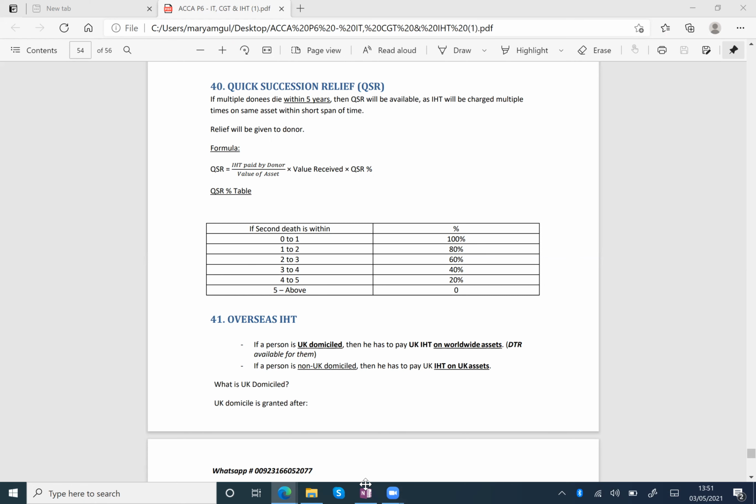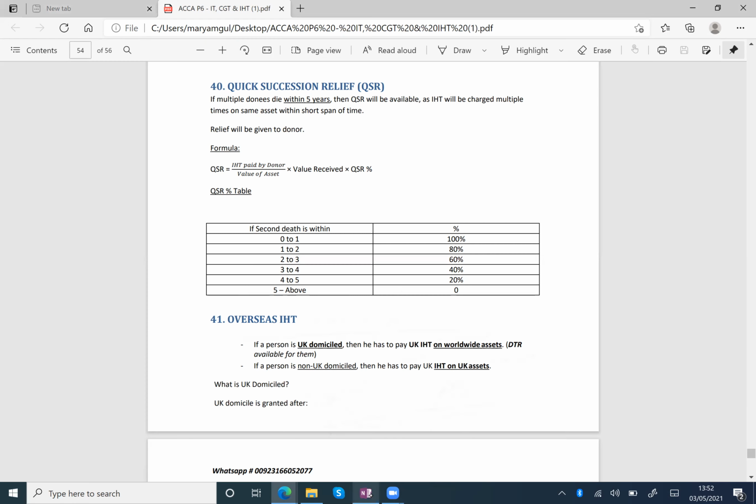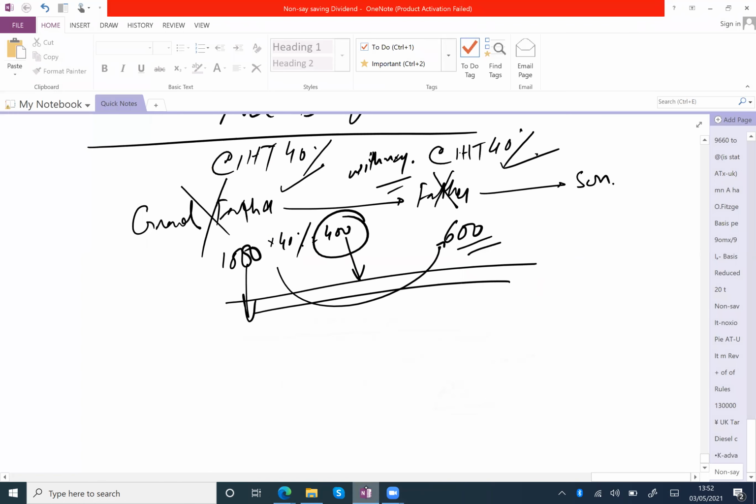So in my question, the father is dying within 2 years, so how much? 80%. You multiply it with 80% and you get the answer. That is the concept of quick succession relief.